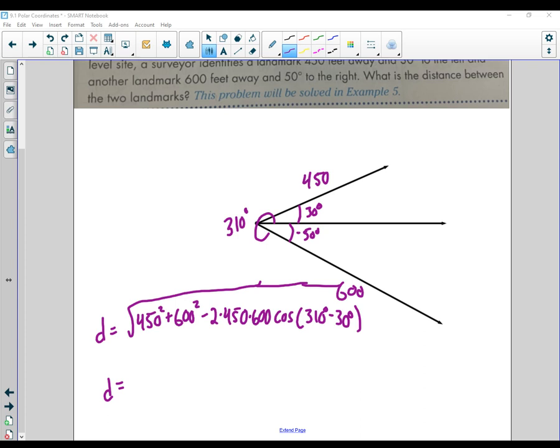And we get 684.6 feet. I have the memory of a goldfish. What was it? 684.6? Yeah, point 6.